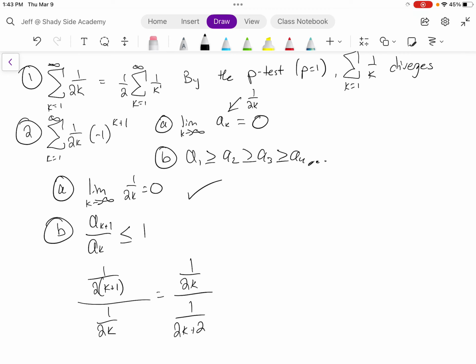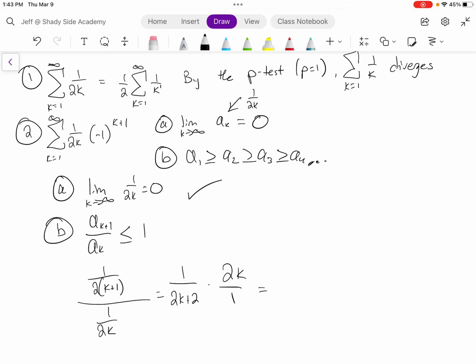Oh, sorry, I wrote that wrong. I think I just took the reciprocal of the fraction. So forget that ever happened.